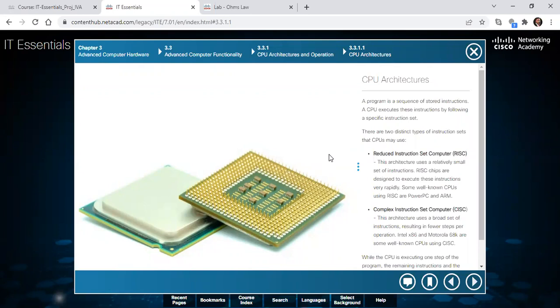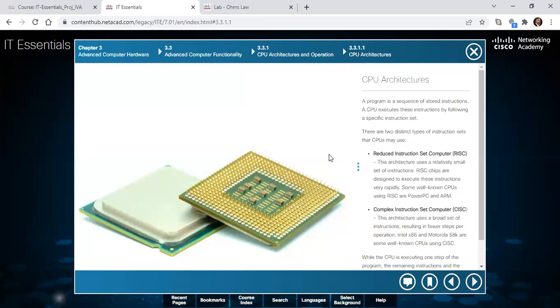So we're going to look at the two types of instruction sets that a CPU may use. The first one is the reduced instruction set computer, called RISC, while the second one is the complex instruction set computer, which is the CISC.